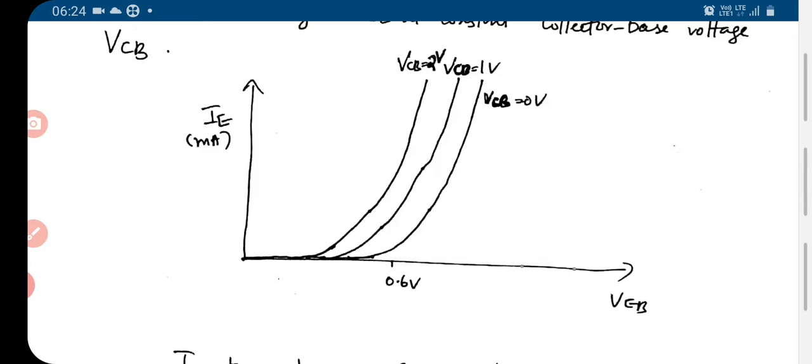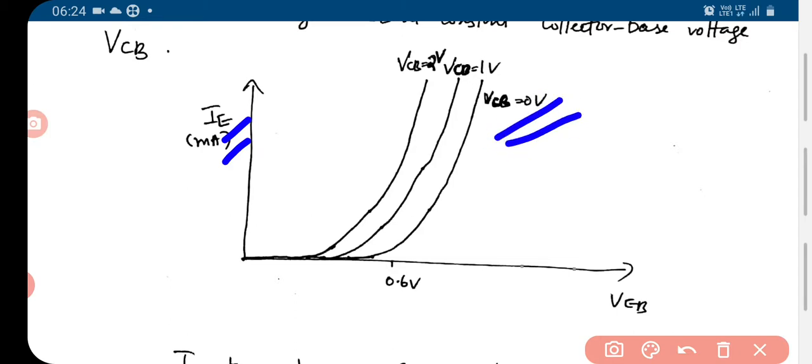The other thing that we notice, the emitter current is almost independent of the collector base voltage. It's almost independent because these graphs are very close together.